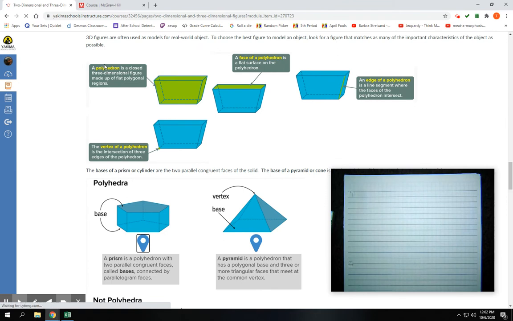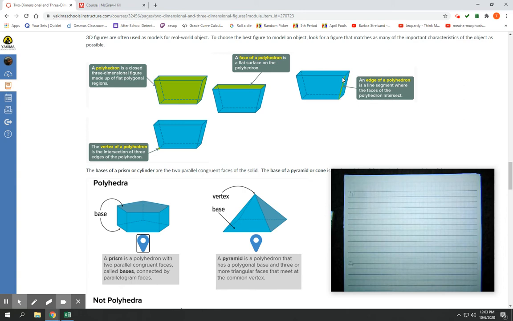Okay. A polyhedron is a closed three-dimensional figure made up of flat polygonal regions. The face of the polyhedron is a flat surface on the polyhedron, right? So it's highlighted in green here, but there's also a front face, a back face, two side faces, and a bottom face. The edge of a polyhedron is a line segment where the faces of the polyhedron intersect.